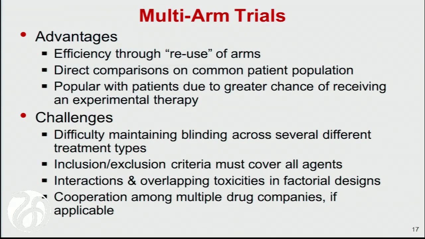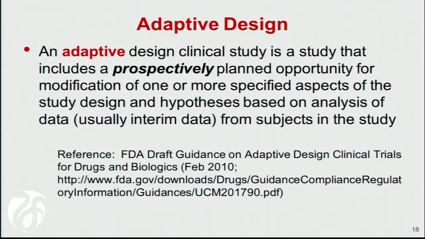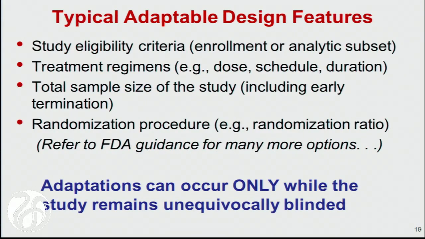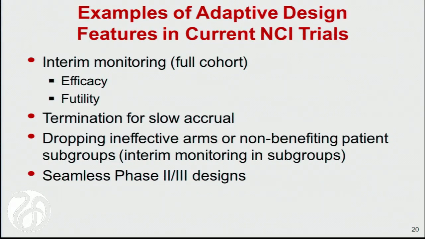So I think I've already pretty much mentioned the advantages and challenges in this. I am running out of time, so I can't talk a lot about adaptive designs other than to mention that there are many different ways you can do adaptive designs, and some of the things we are already doing in our trials. Interim monitoring is a type of adaptive design where you periodically check, and if you have enough information that's convincing enough, you stop the trial early.